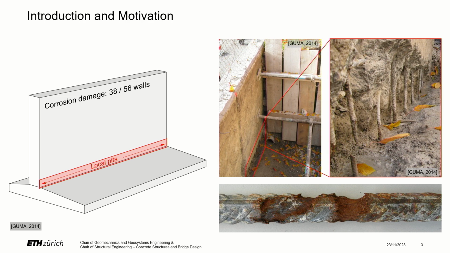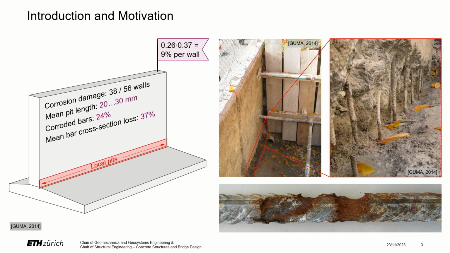It then formed a large macro element because the steel in the rest of the wall was passive, whereas this steel was not passivated, and this led to high corrosion rates and large cross-section losses. As we saw in the last presentation, the corrosion is very localized in pits of only 20 to 30 millimeters, and 20% of all the inspected bars had a mean cross-section loss of 37%, which results in this 9% per retaining wall.